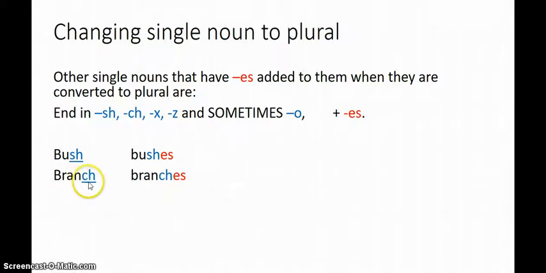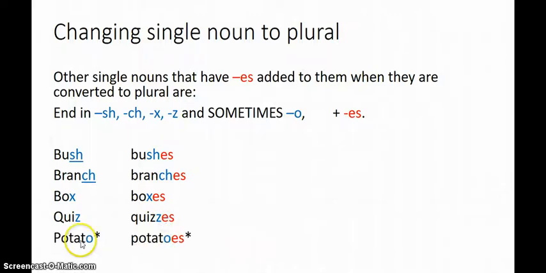The word branch becomes branches. Box becomes boxes. Quiz becomes quizzes. And potato becomes potatoes. So as you can see, sh, ch, x, z and o, which is what I've written here, all of them have to get ES.